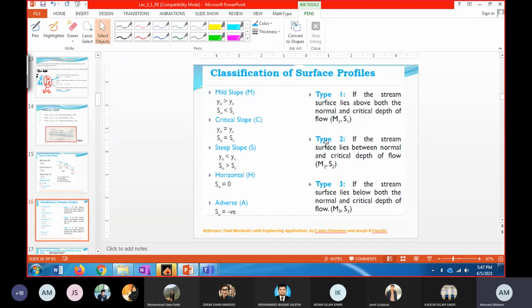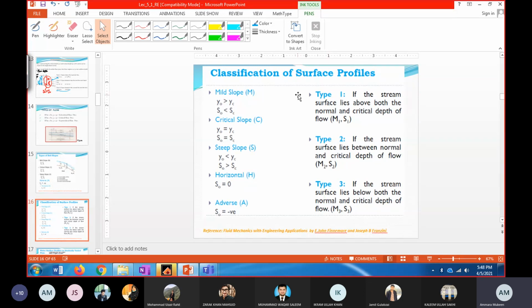And when it is the same criteria but the depth of flow is between y naught and yc, it would be called M2, and the same criteria with depth of flow in zone 3 would be M3.